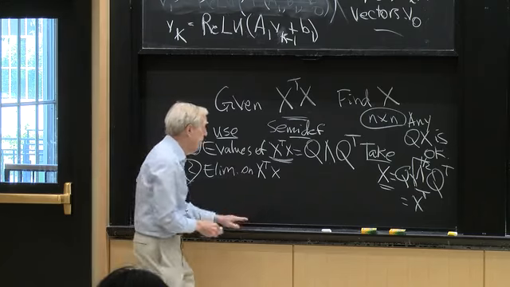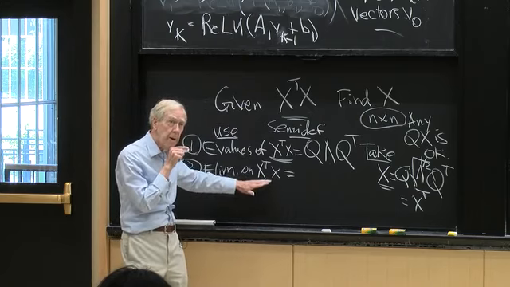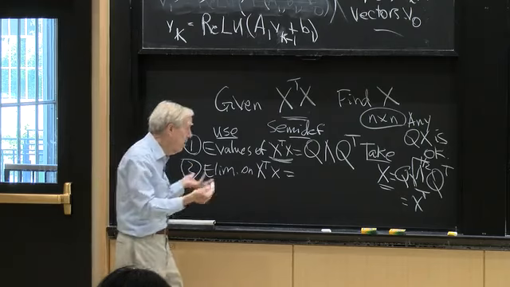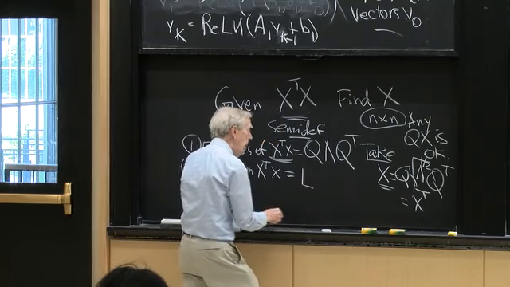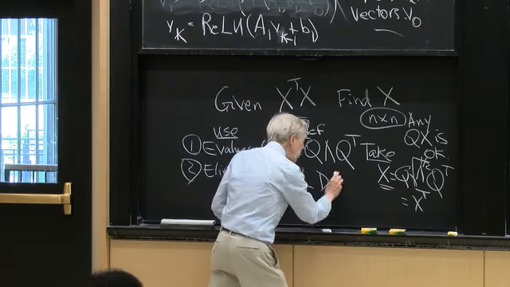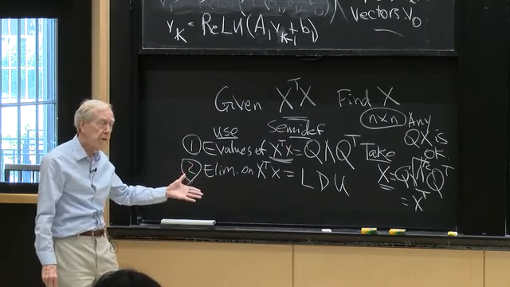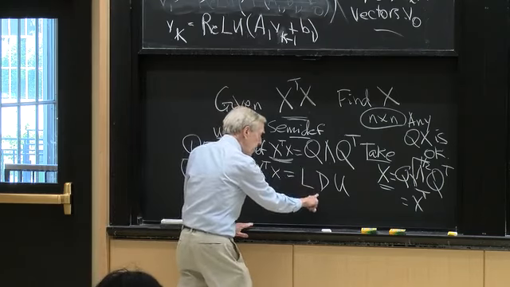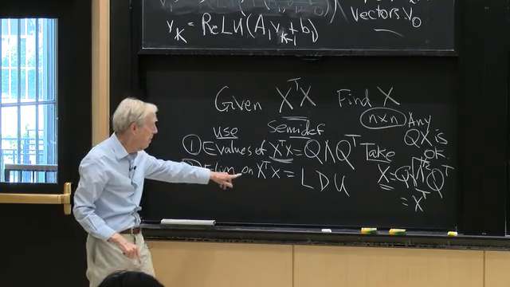So elimination produces what factorization of this? This is still our symmetric positive definite matrix. If you do elimination on that, you usually expect L, lower triangular, times D, the pivots, times U, upper triangular. That's the usual result of elimination, L D U. I'm factoring out the pivots, so there are 1s on the diagonals of L and U. But now, if it's a symmetric matrix, what's up?